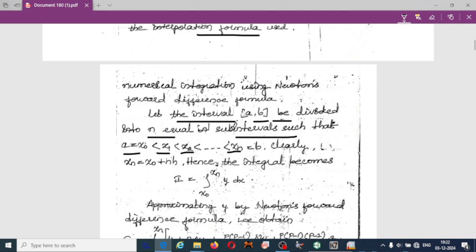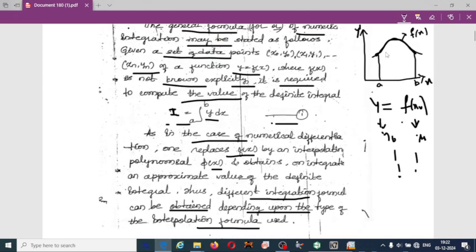So a and b are divided into intervals, as you can observe in this equation. xn is equal to x naught plus n into h, where we divide the interval a to b into different intervals.